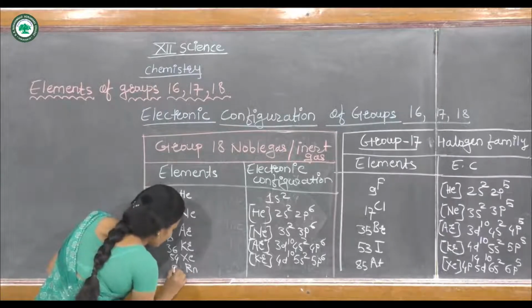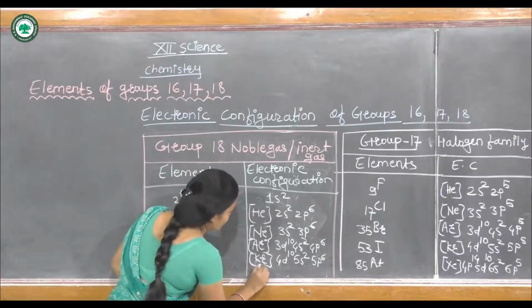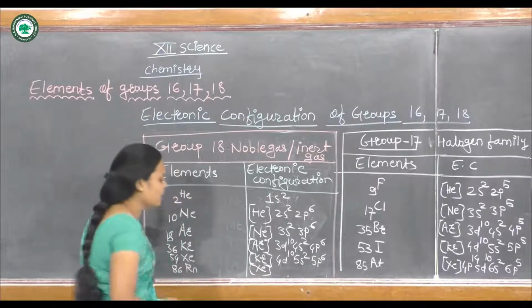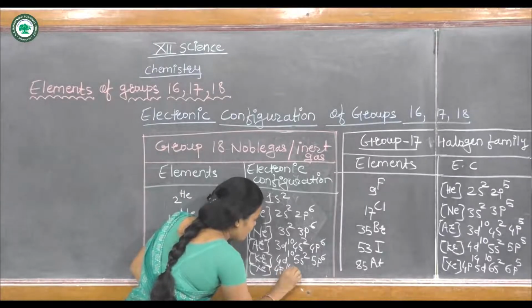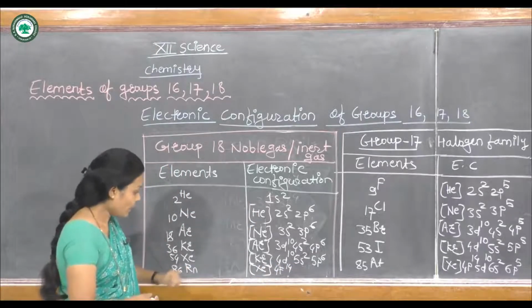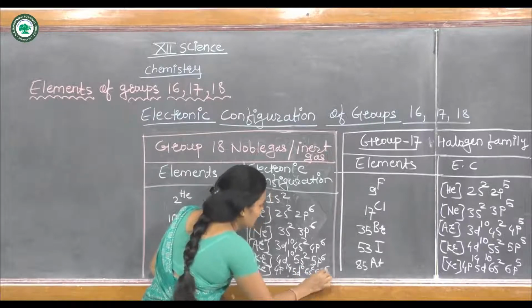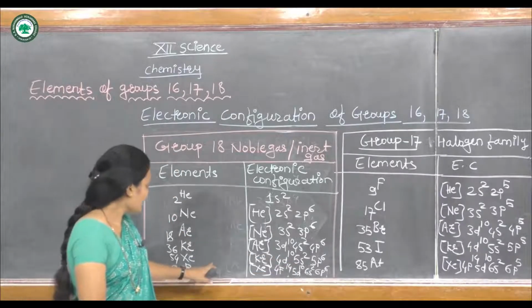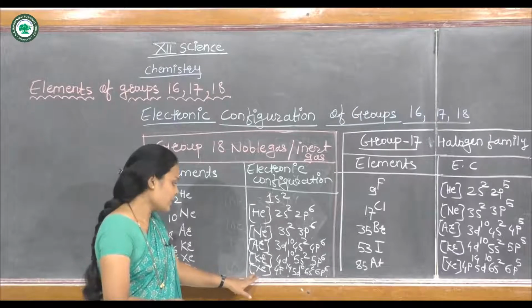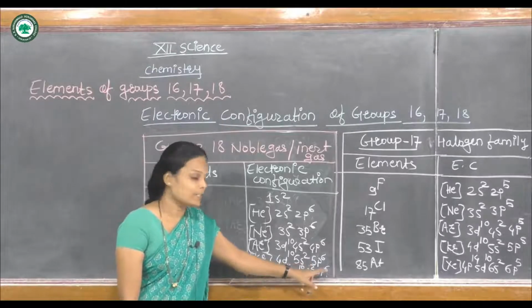It is represented by xenon, and its electronic configuration is 4f14, 5d10, 6s2 and 6p6.